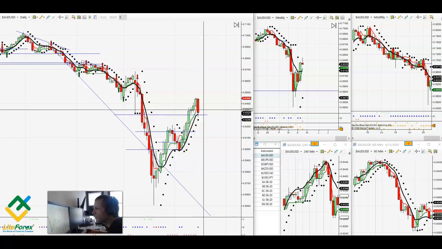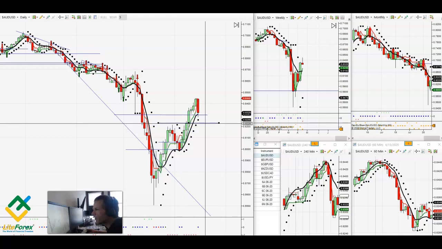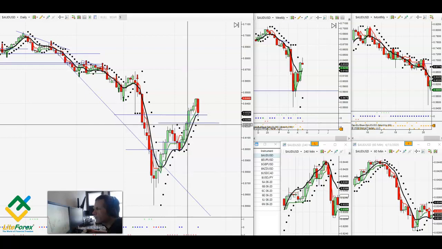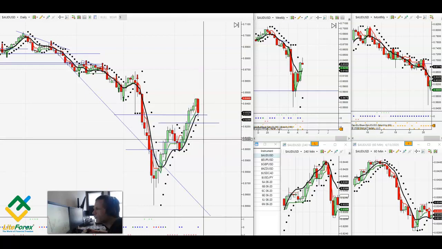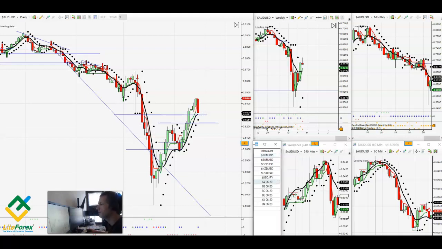So this is a real wait and see. Next level support, you'd have to look at 62.26, roughly 62.30, which was the open on the 9th and the close on the 8th. That would be another level of support I would be looking at for the Australian USD.